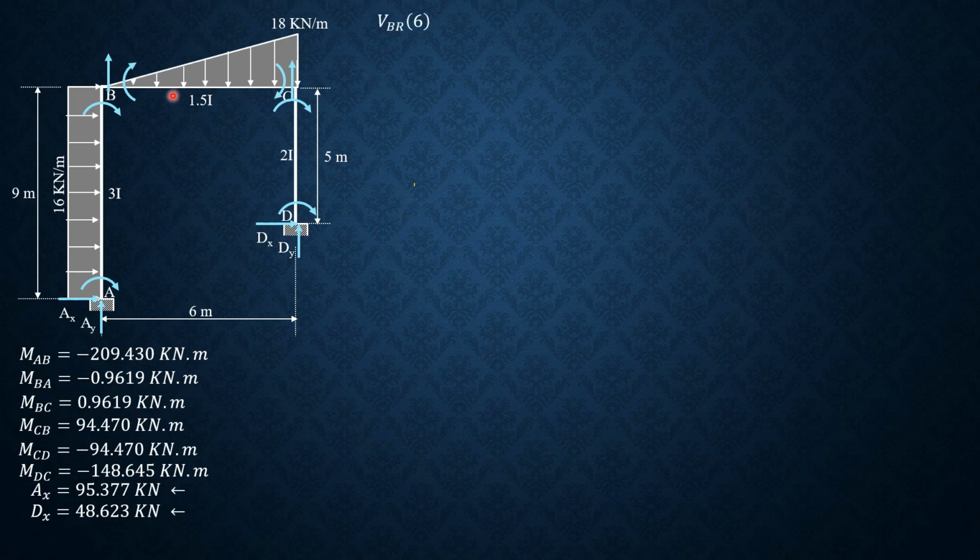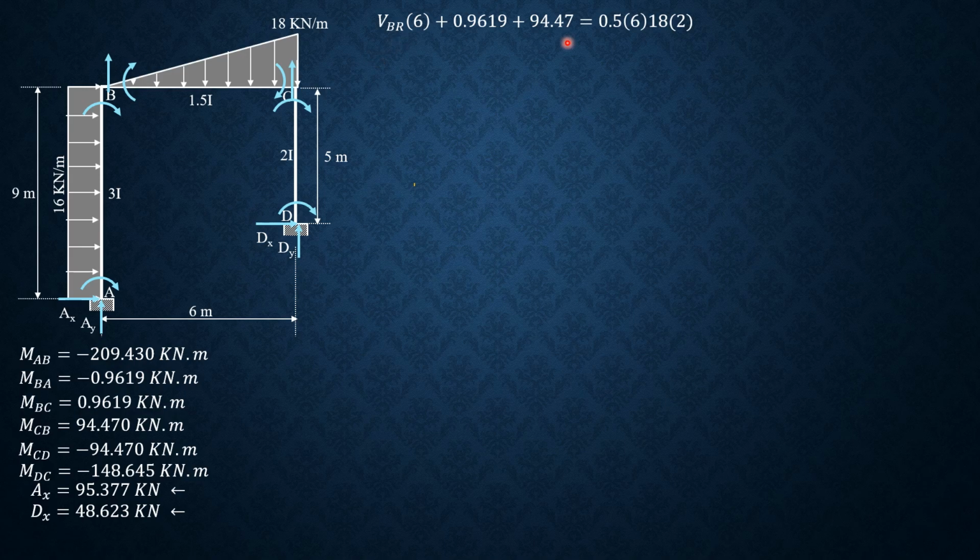So shear at B right times 6 plus MBC, which is 0.9619, plus MCB, which is 94.47, equals the moment of the load, 1/2 or 0.5 times 6 times 18, moment arm 2.